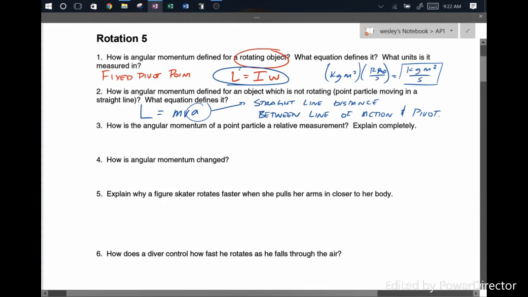How is the angular momentum of a point particle a relative measurement? This is because of the A. It must be taken with respect to a reference point or a pivot point.